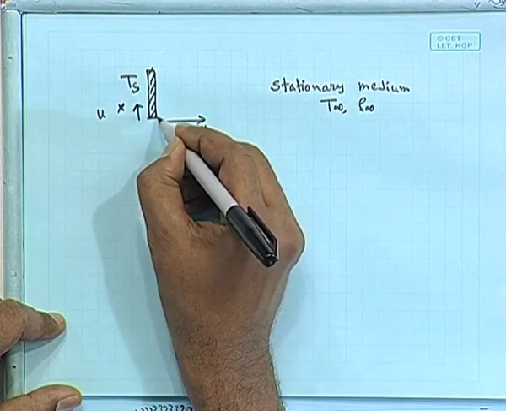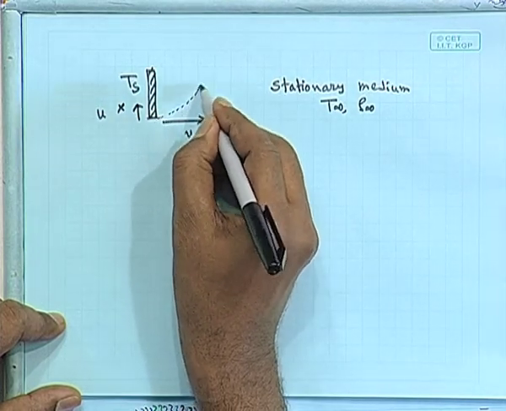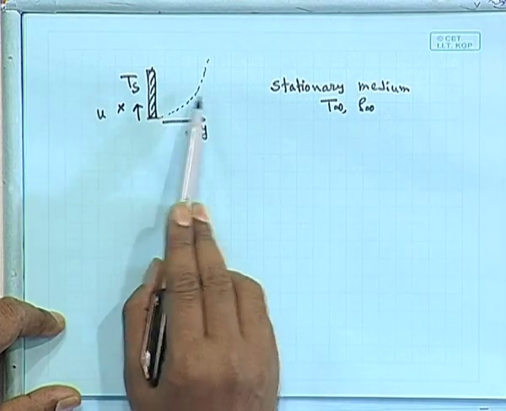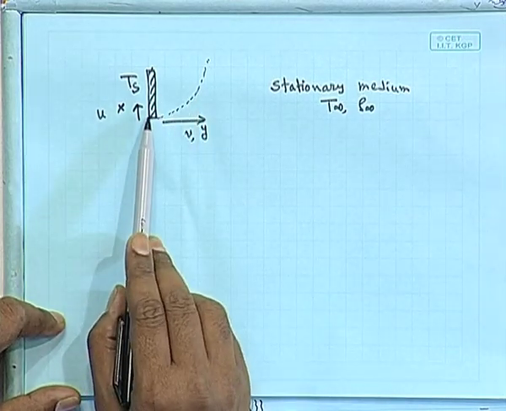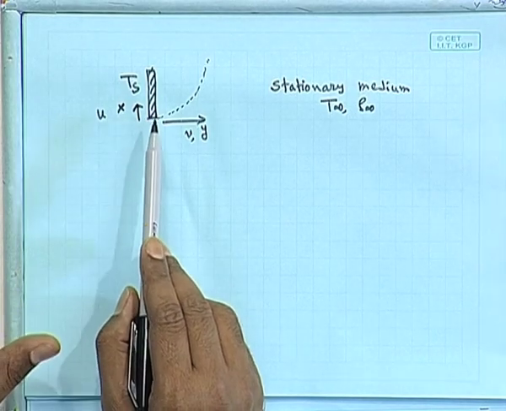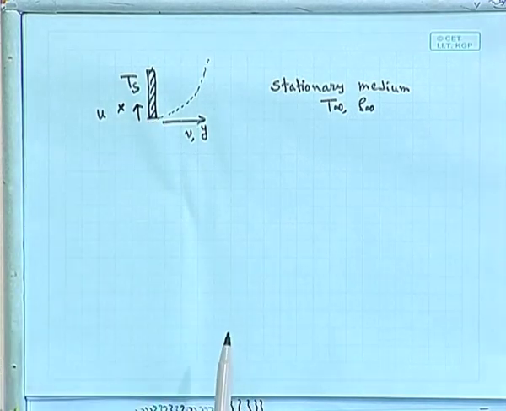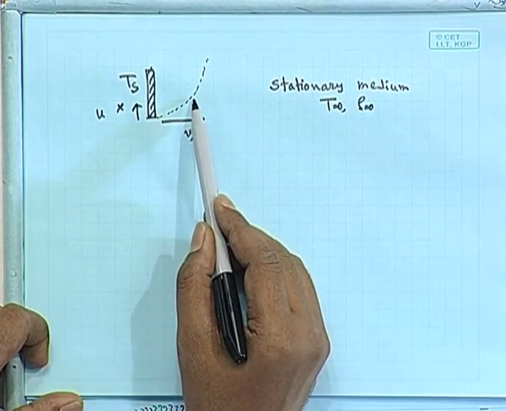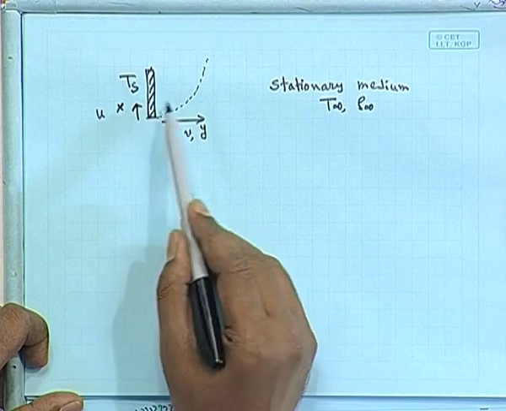Now, there will be a boundary layer development over this. All the velocity components at the wall will vanish because of the no slip boundary condition, and the temperature will be Ts.